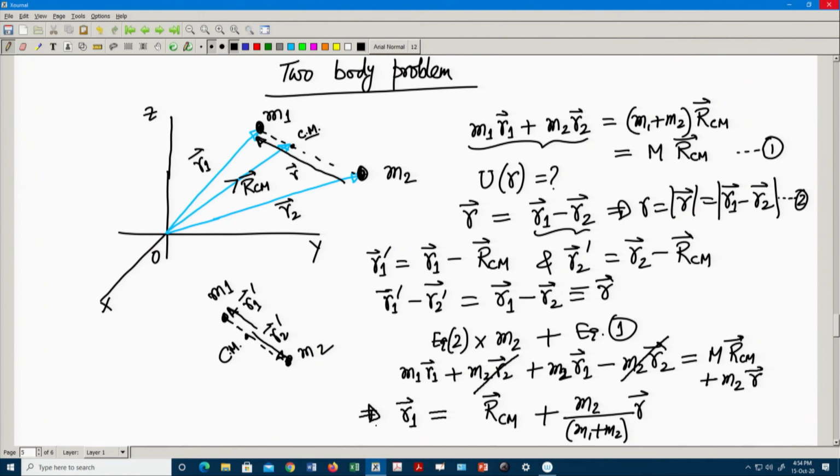So, r1 prime, if I subtract rCM, is r1 minus rCM. So, this goes. So, r1 prime is nothing but m2 upon m1 plus m2 times r.